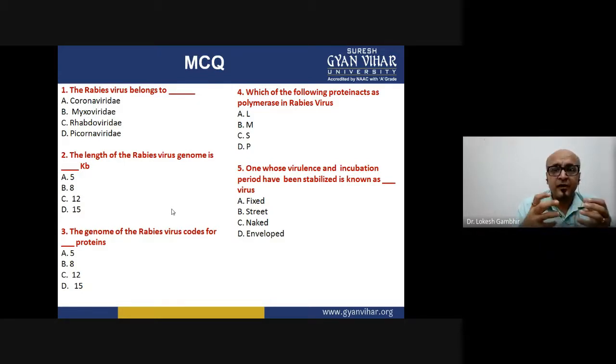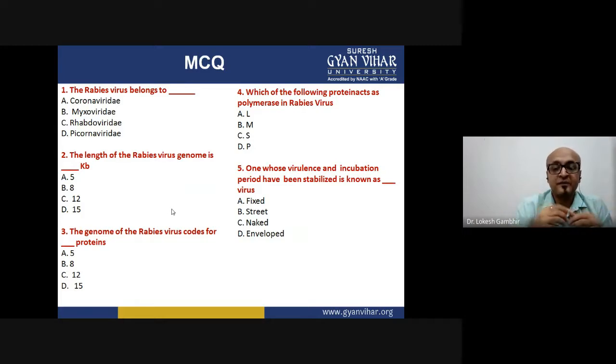So what are the MCQs that we should look ahead to in order to understand this topic? See what category the rabies virus belongs to, whether it belongs to rhabdo, picorna, and what is the length of the genome, what are the different kinds of proteins that are synthesized. Among the proteins, which one was the polymerase, which I told you, the polymerase complex.